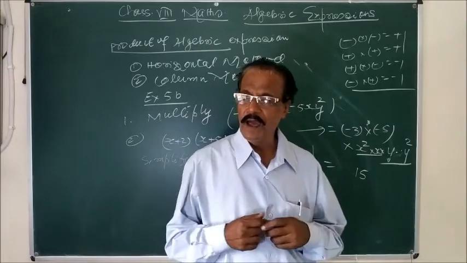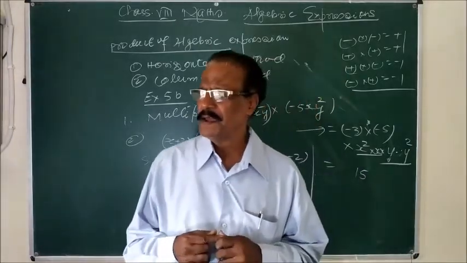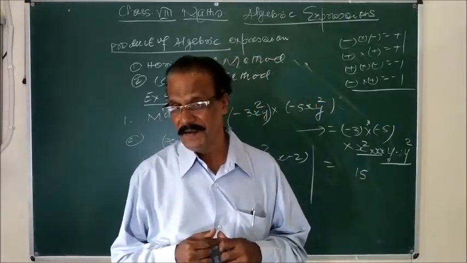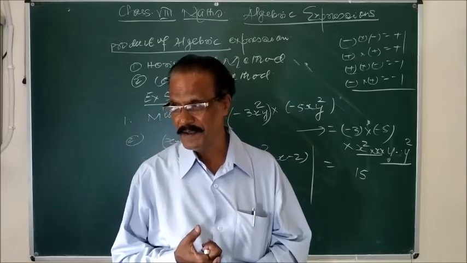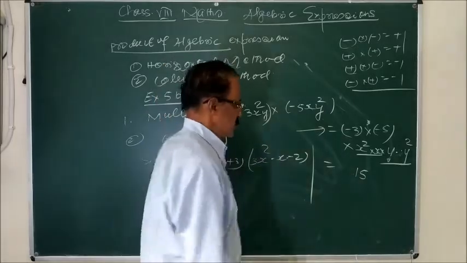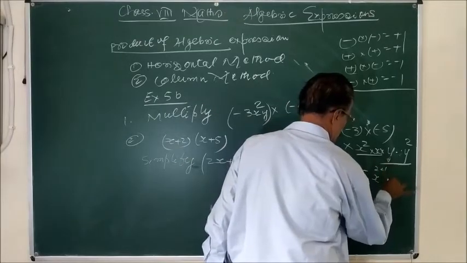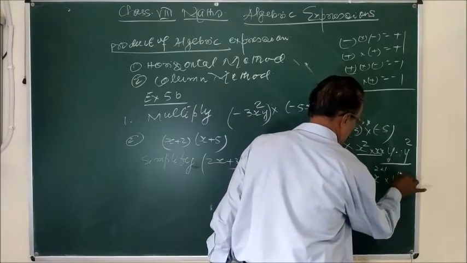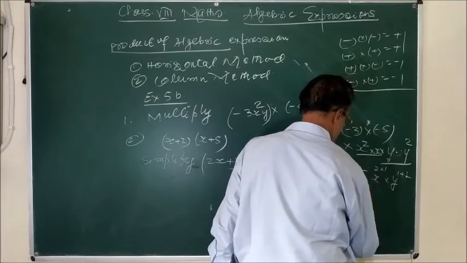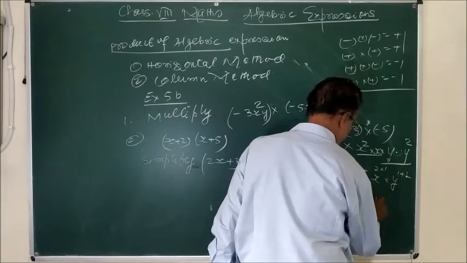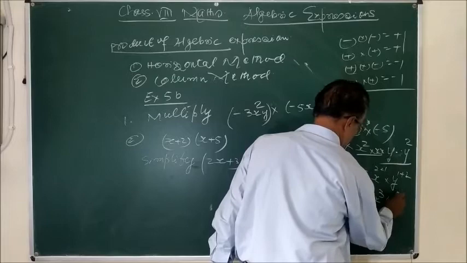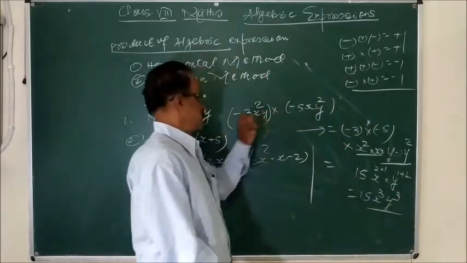That is the formula: x power a into x power b equals x power a plus b. So here x power 2 plus 1, and this will be y power 1 plus 2. And this will be 5x cube y cube. This is the product of this question.